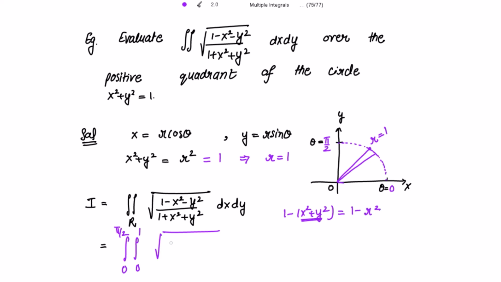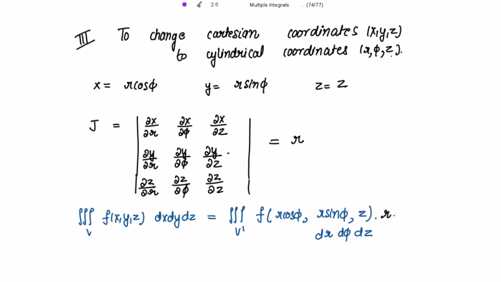So I'm writing here in the numerator 1 minus r square, in the denominator 1 plus r square, into the Jacobian. Have we calculated the Jacobian for polar coordinates? Yes, and that Jacobian comes out to be r. Please check again.